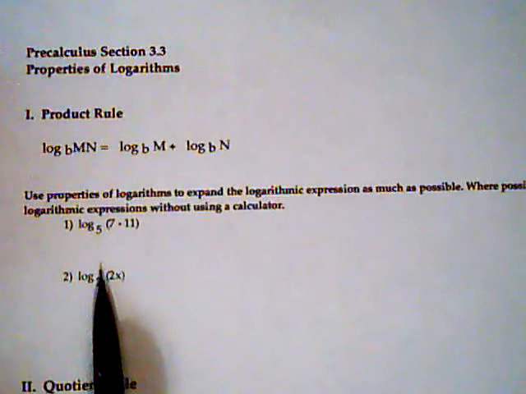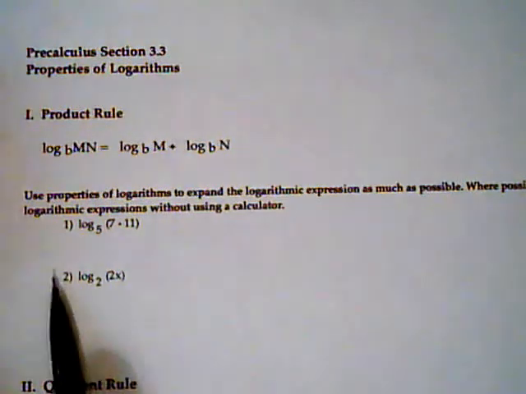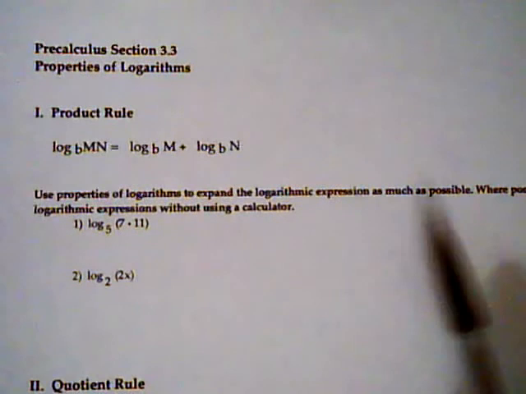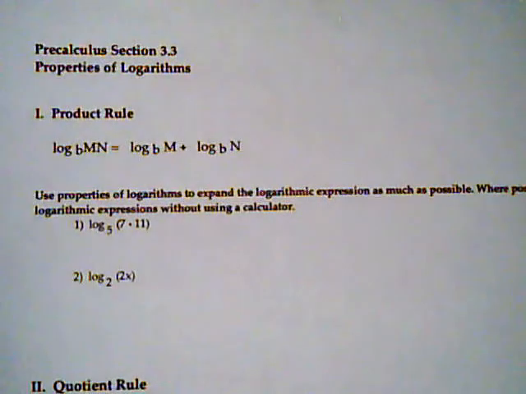Okay, for the examples, the directions say to use the properties of logarithms to expand the logarithmic expression as much as possible. And when possible, evaluate the expressions without using a calculator. Okay, so number one, we have log base 5 of 7 times 11.